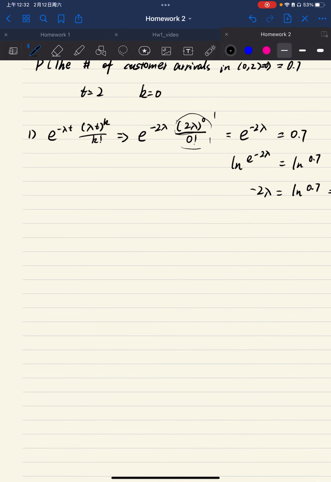The following questions are all about finding the probability using this model. For the second one, we rewrite it: find the probability that in 3 minutes no customer comes. It can be rewritten as the probability that the number of customer arrivals in 3 minutes, from 0 to 3, equals 0.